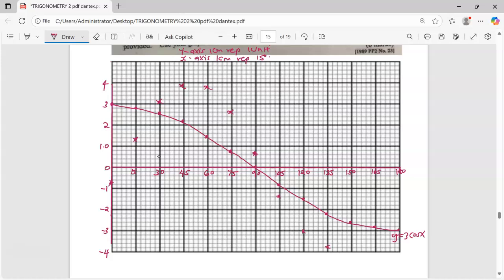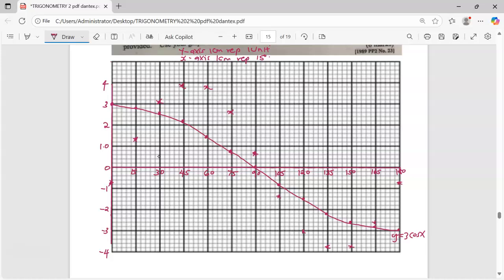When it is 150, it's negative 3.76, which is around 3.8, around this point here. When it is 165, negative 2.57, which is negative 2.6 at this point here. And lastly, when it is 180, it is negative 0.69, which is around 0.7, which will be at this particular point here.